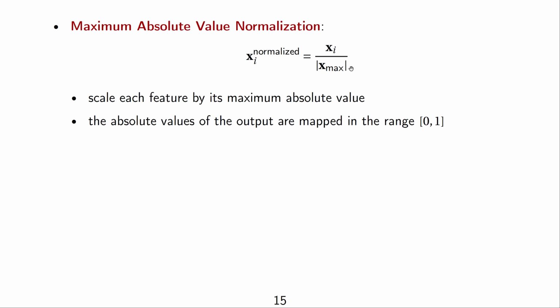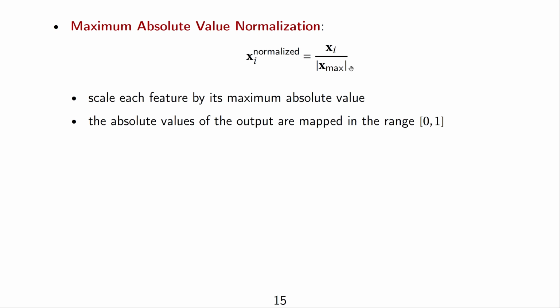But we don't know if the absolute value is determined by the negative or the positive samples. It could be, for example, in the 7th feature dimension, the largest value in absolute value has been a negative sample.